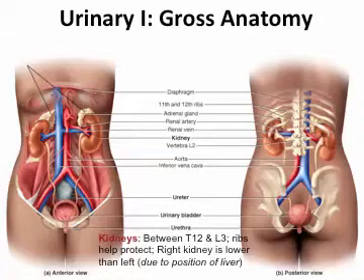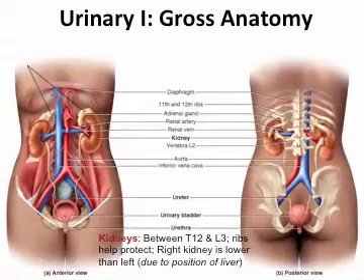Now, it says at the bottom of the cartoon, the kidneys lie approximately between T12, thoracic vertebrae 12, and lumbar vertebrae number 3. The ribs help protect the kidneys a little bit, but not the whole kidney.